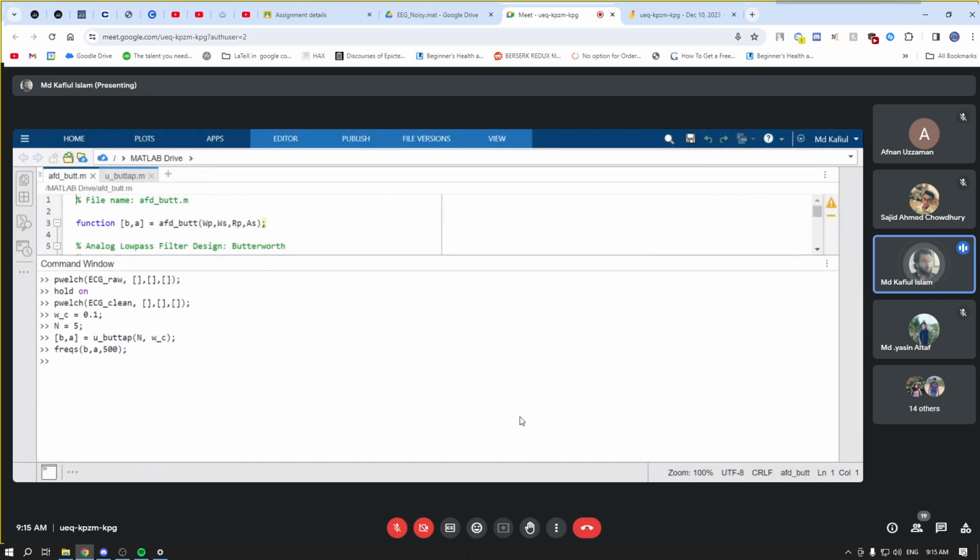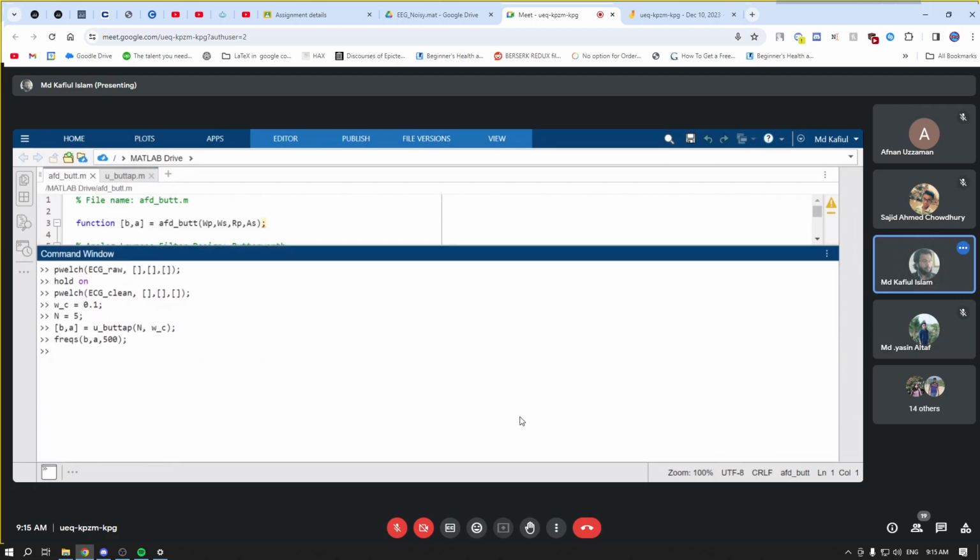We were in the command window, right? Now what we have to do is apply the filter on the signal, ECG raw. Let's say we call the output of the filter ECG filtered, which should be equal to applying the filter.